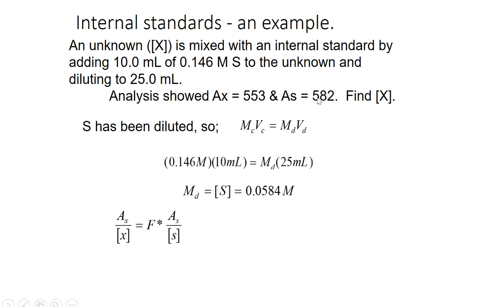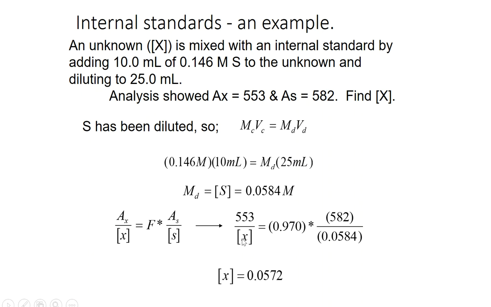It was 582. We know from our previous calculation what the response factor is, and now we also know what the dilute internal standard concentration is. So we just have to rearrange and solve for X. And that's the concentration of the analyte in our unknown. So solving for X, we can get the concentration of our analyte in the unknown.